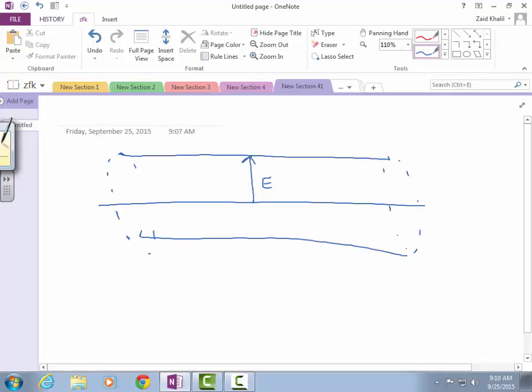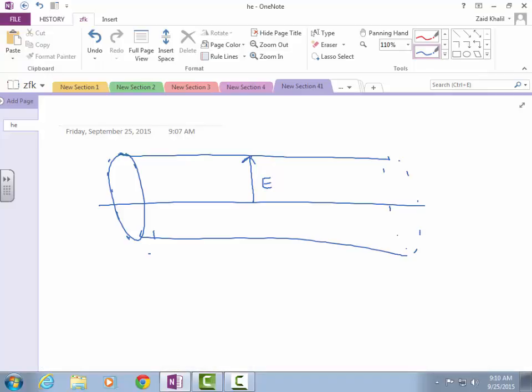And notice, we can look at this as two separate areas. One area is the surface of the cylinder here, and the other area is the ends. But what is E dot dA for the ends?